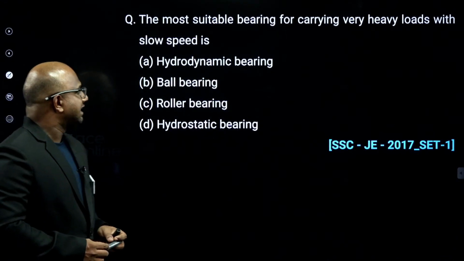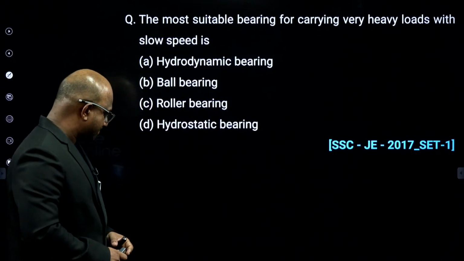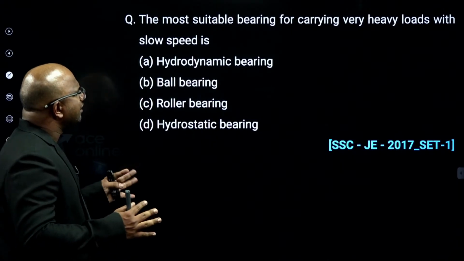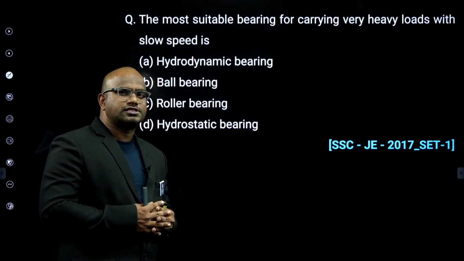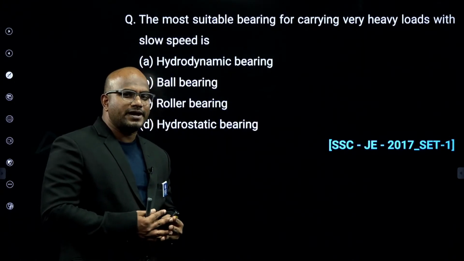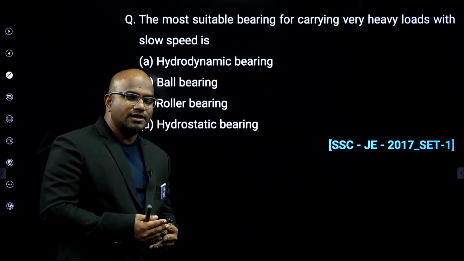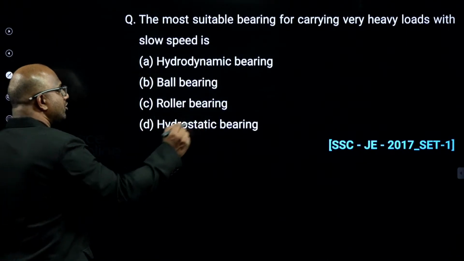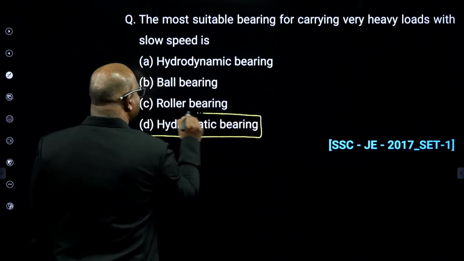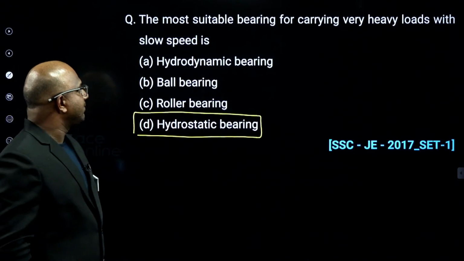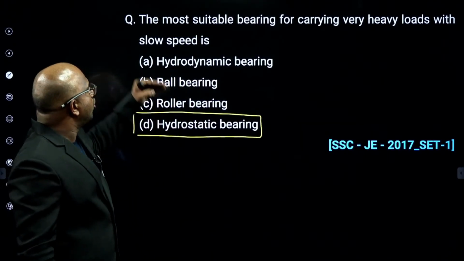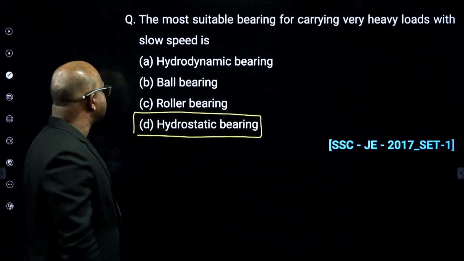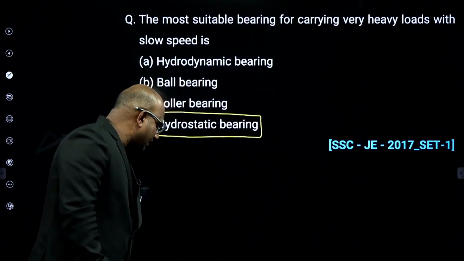What type of bearing is it called? Generally, guys, for low loads and low speed we use ball bearings, but here, heavy loads with slow speeds, we use hydrostatic bearing. Generally, low loads, high speeds, we use the hydrodynamic bearing. But heavy loads, slow speeds, we use hydrostatic bearing, guys.